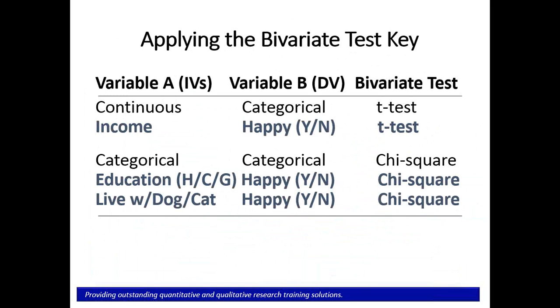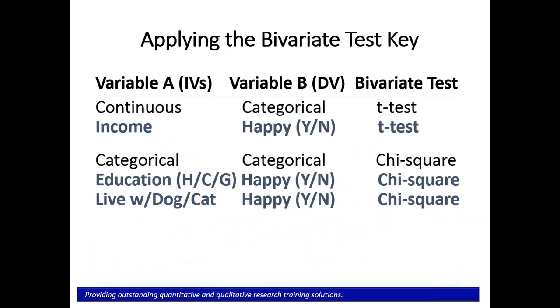You'll see here that we do not need the ANOVA or the correlation, which we used in sample study 1, because our dependent variable is dichotomous, categorical. So what we need is: variable A, income, is continuous, and variable B, our dependent variable column, is categorical with 2 categories. So we use the t-test.